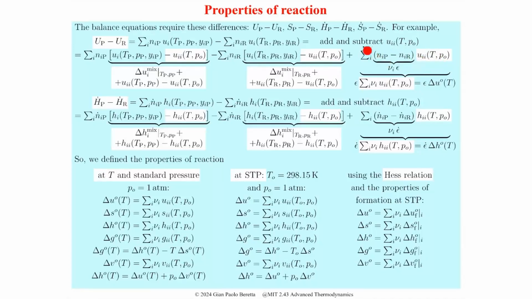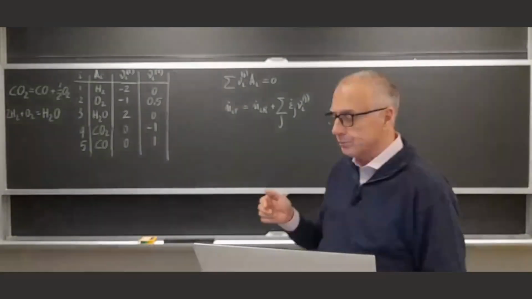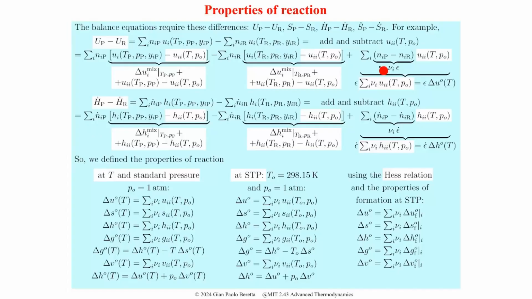So in this summation that compensates for those subtractions, we recognize the difference in composition between products and reactants, and that's related to the reaction coordinate through the proportionality relations. So the epsilon doesn't have a subscript, it goes out of the summation.